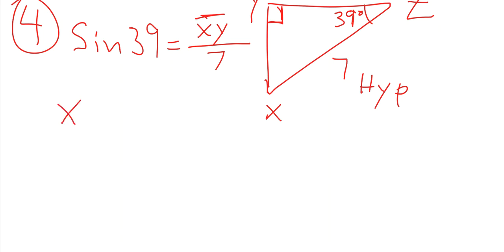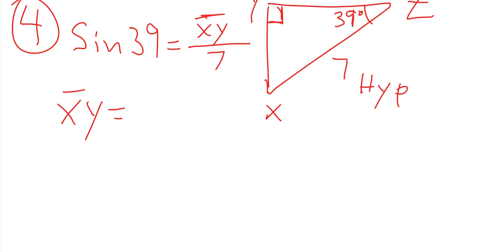So xy, our little segment xy. I really don't like the notation here, but let's do it anyway. All right, we multiply both sides by 7. When I multiply the right side by 7, the 7's cancel, and I'm left with xy.